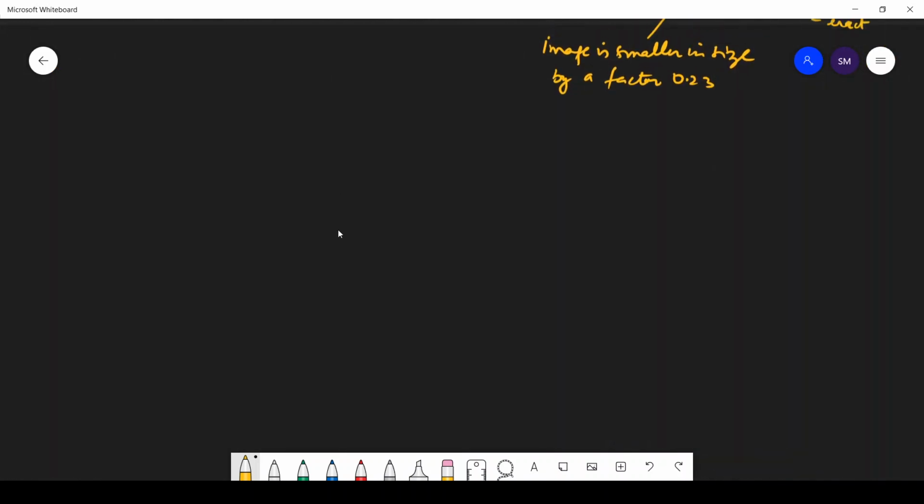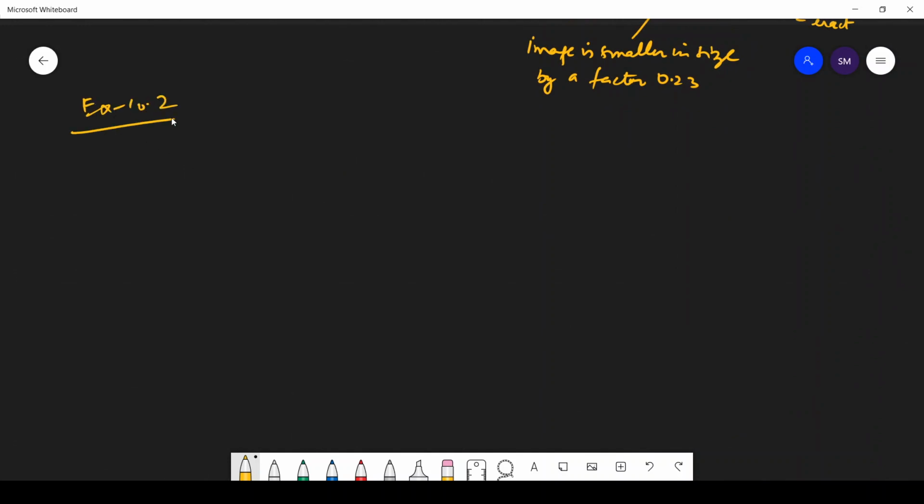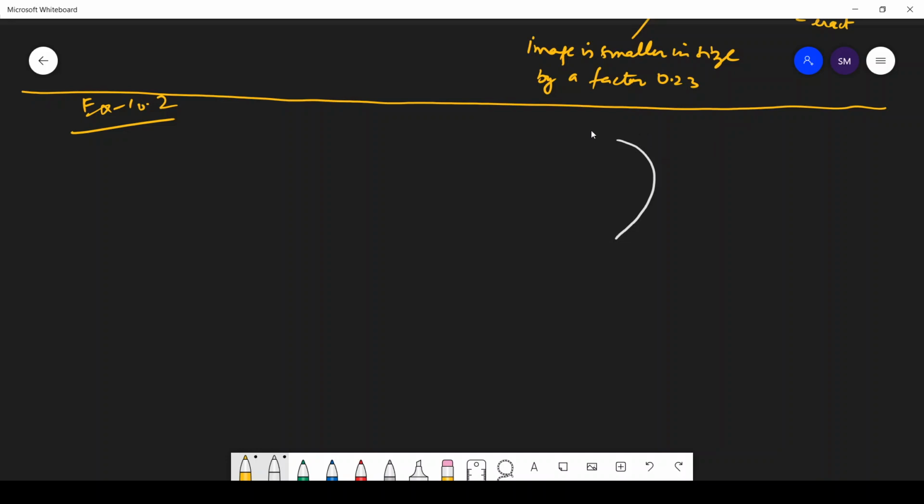So this was your example 10.1. Let us do one more example 10.2. So this is an example of concave mirror. So I told you the first thing that you need to do is take the diagram of the concave mirror. So this is a concave mirror. And the second thing you need to draw is coordinate axis.